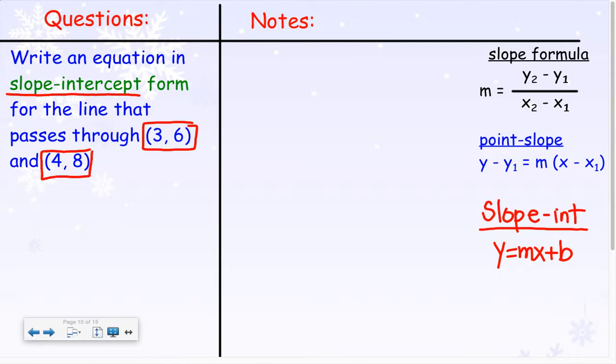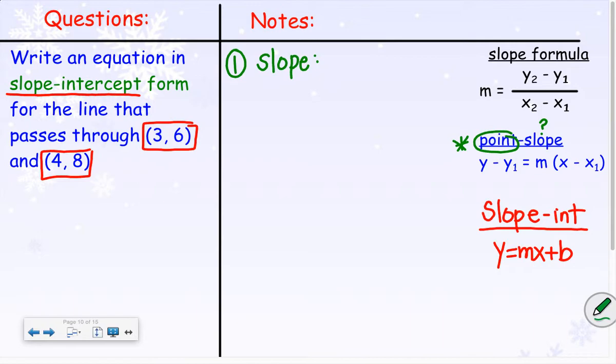If I look over to the right-hand side, the word that has point in it is point-slope form. This is where I want to start because I'm given points. I have 2 points actually, (3, 6) and (4, 8). What I'm missing is my slope. And we know how to do that. We know how to find the slope. So let's take our first step and find our slope.